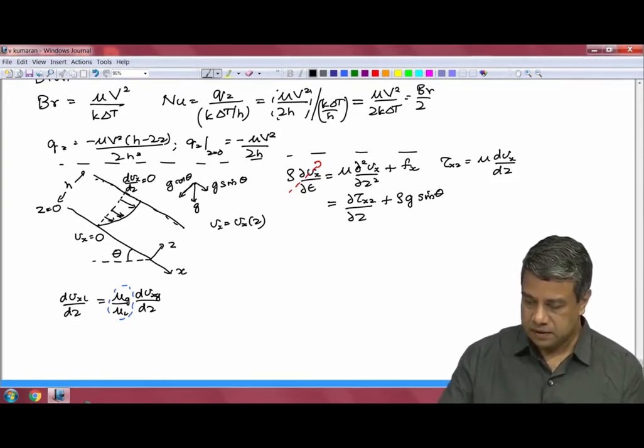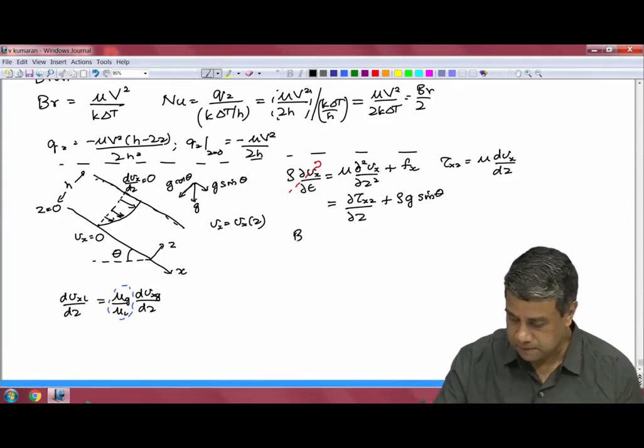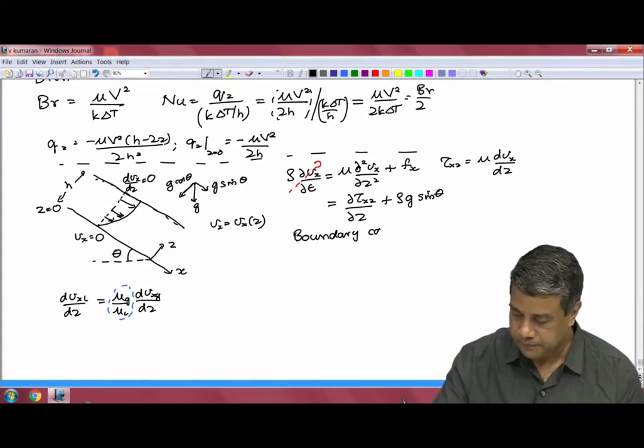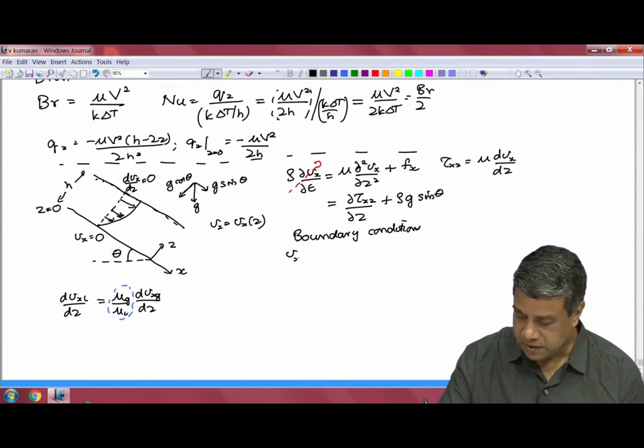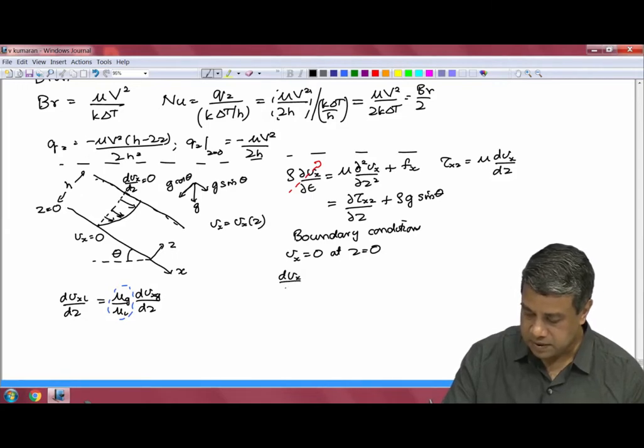Therefore, I am solving this problem with the boundary conditions: Vx is equal to 0 at z is equal to 0, and dVx by dz is equal to 0 at z is equal to h.